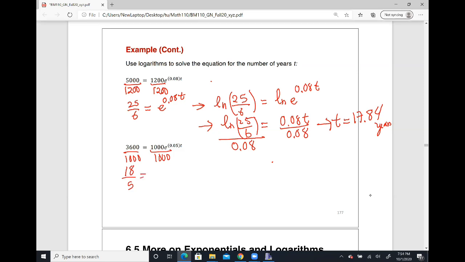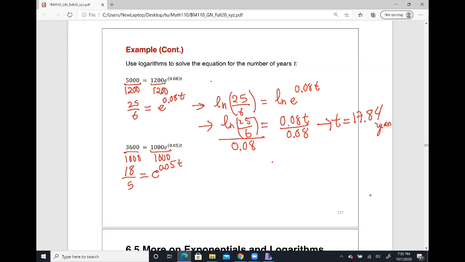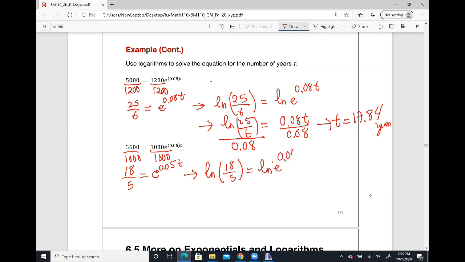And then that will be equal to e to the power 0.05t. And now you can take ln on both hand sides: ln of 18/5 equal to ln of e to the power 0.05t.